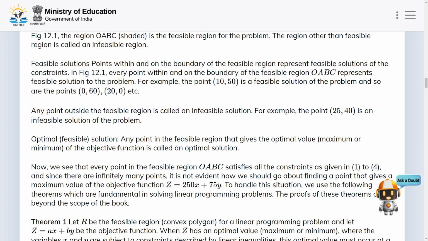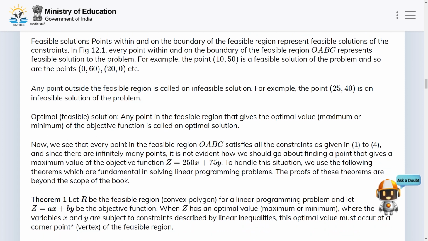Now, optimal feasible solution: any point in the feasible region that gives the optimal value, the maximum or minimum value of the objective function, is called an optimal solution.